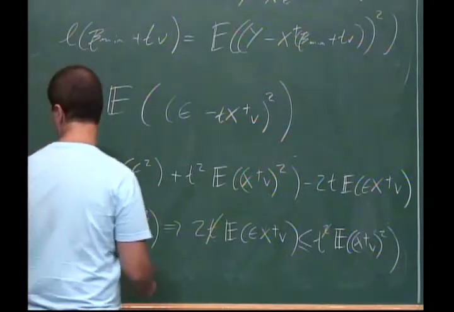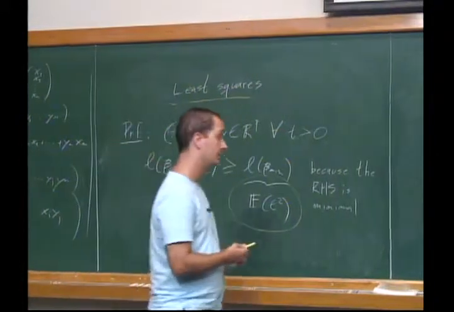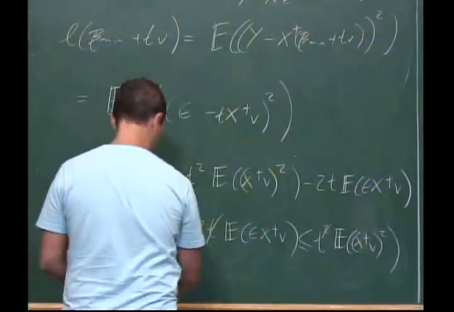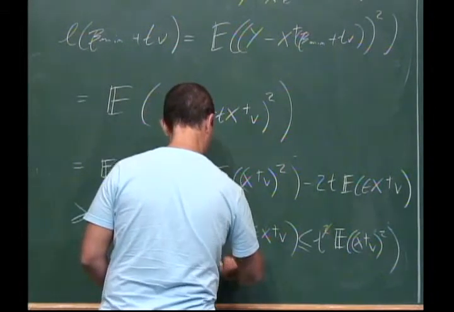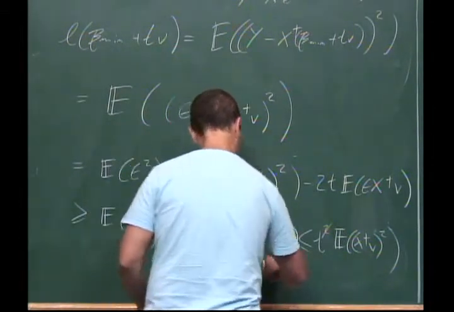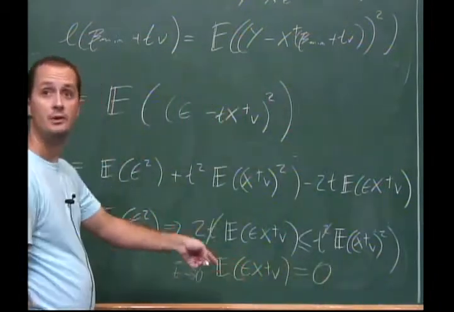So I'm sort of differentiating this expression with respect to t, essentially. And what I get when t goes to 0 is that this expectation here is 0 for any v.